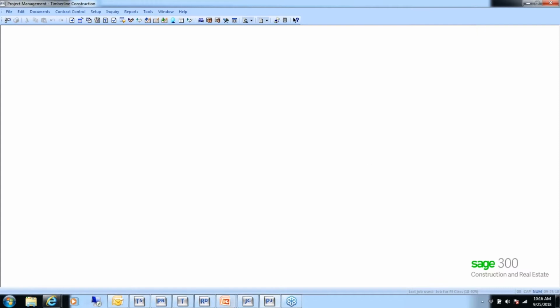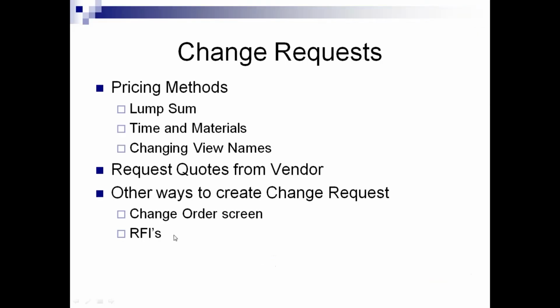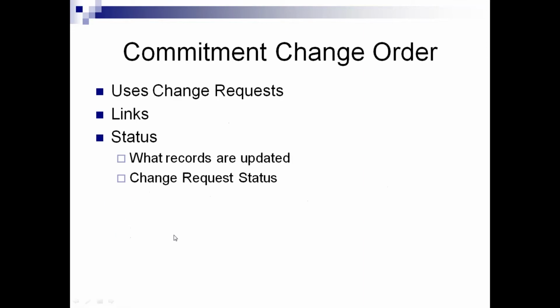All right, let's take a look here. Commitment change orders. Again, you can do commitments and commitment change orders inside job cost. But again, remember, those records are only going to be in job cost. They won't be in project management.